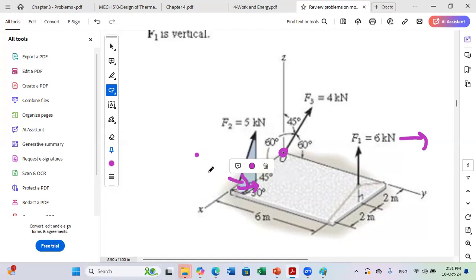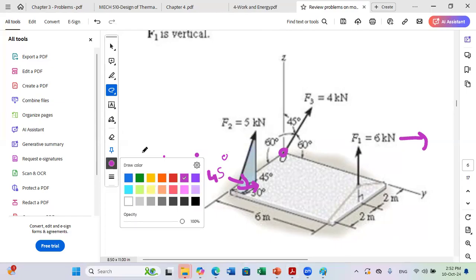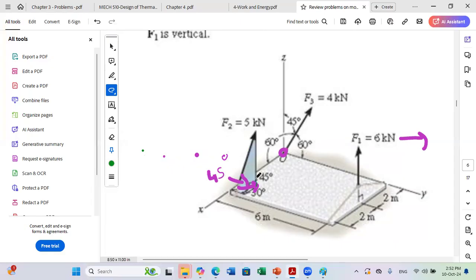I can use this angle to first determine this component, which is parallel to Z. So this will give me F2Z, this is F2 in Z.